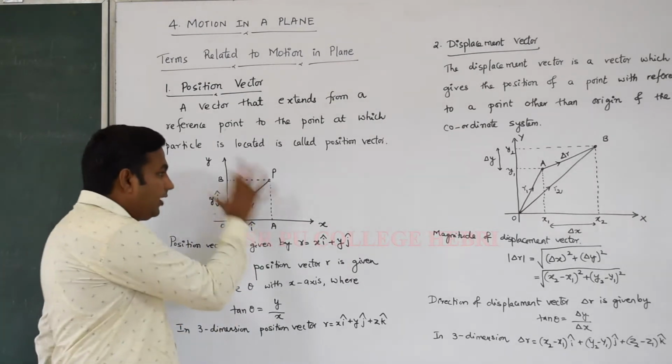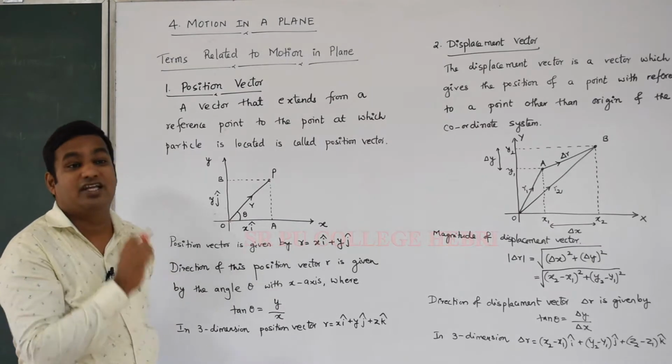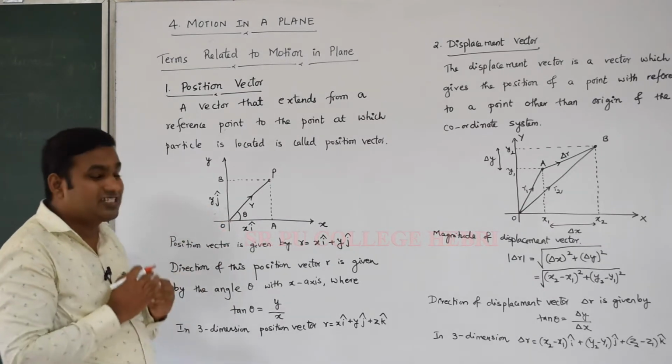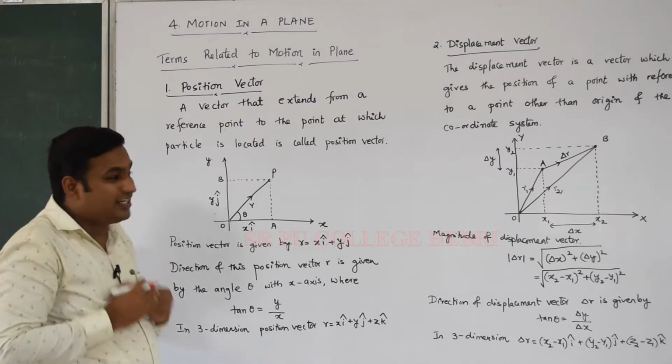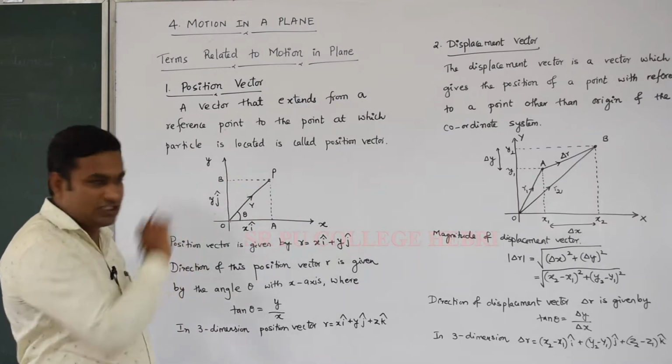Here OP represents the position vector, where P is the point where the particle is located, and O is the starting point. From that point the vector is extended to where the particle is located.